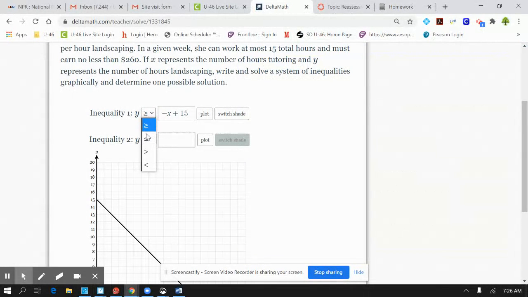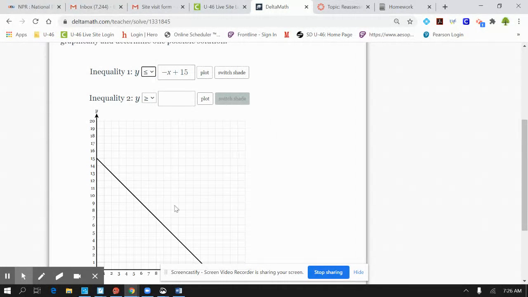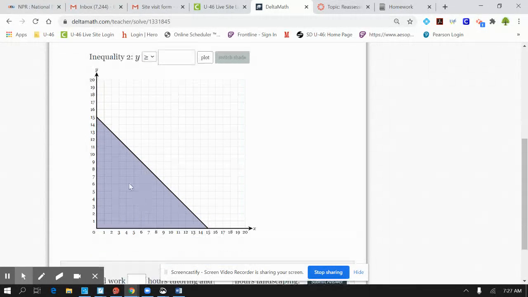So I switched this to less than or equal to. And now, any ordered pair on this line would be exactly 15 hours of work. Any values above it would be more than 15 hours. Any values below it would be less than. So we have to shade that part. She needs to be at most 15 hours.